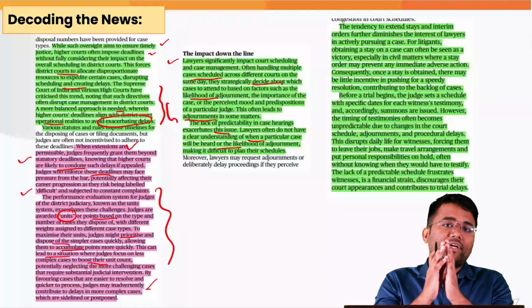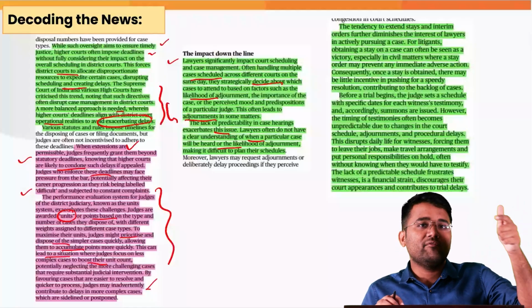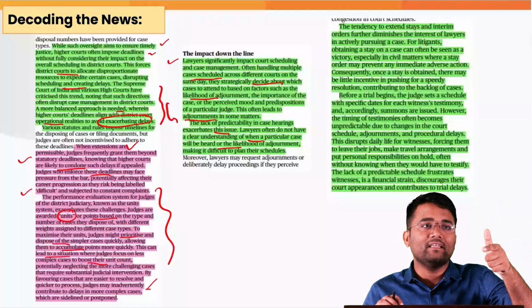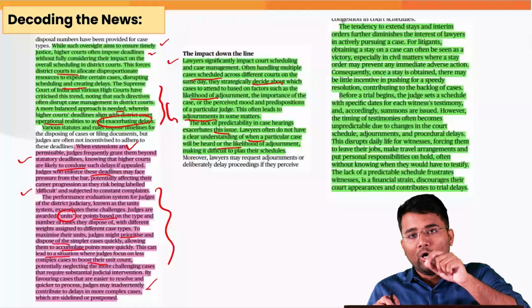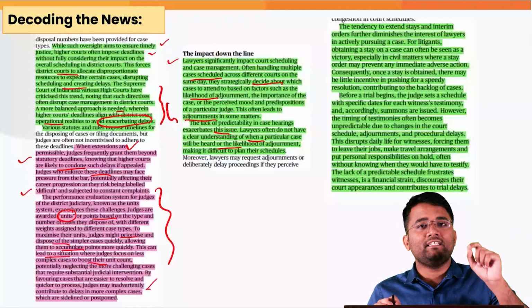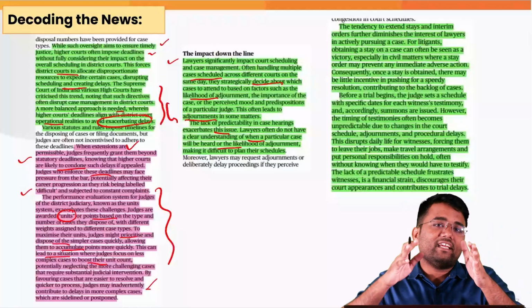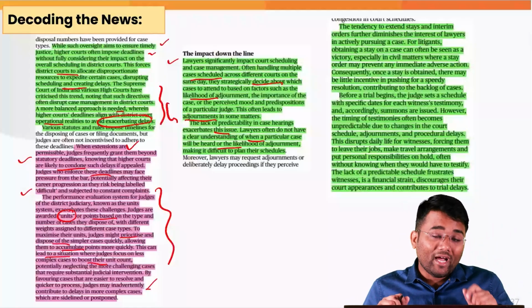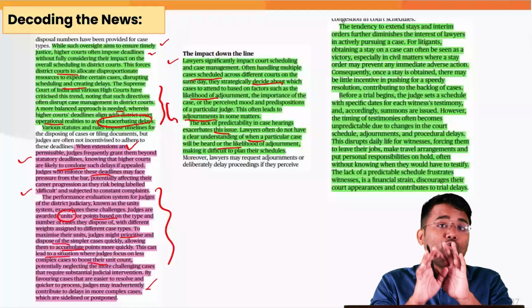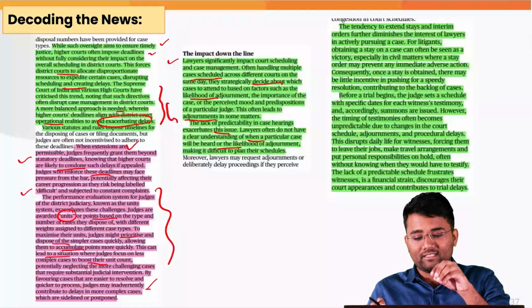But if there is predictability, if there is a clear timeline that today there would be a sure hearing of this case, that particular lawyer would prioritize that court, or he will ensure that there is only one case or a few cases on that particular day so that he can manage all the cases. Why is this happening? Because there is no predictability, there is no proper case management and case scheduling practice that is being followed.